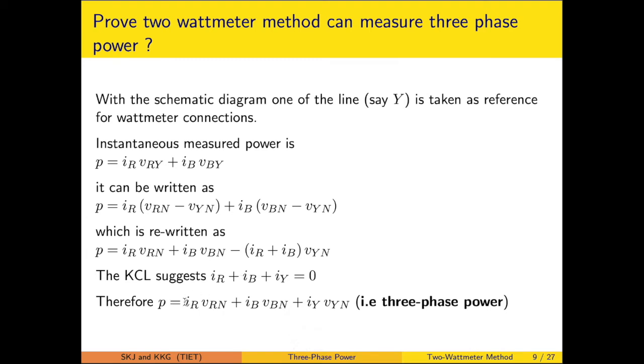So this is the resulting equation which suggests that it is measuring the 3-phase power. Here the analysis is carried out for the star arrangement. A similar arrangement can be extended for the delta configuration.